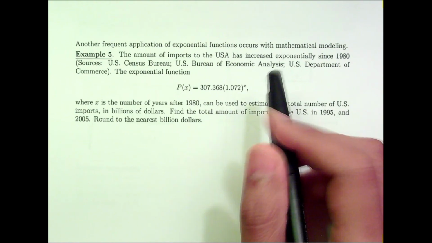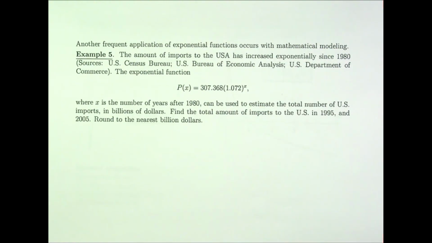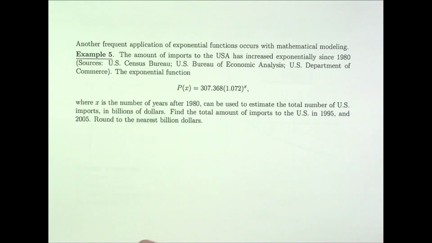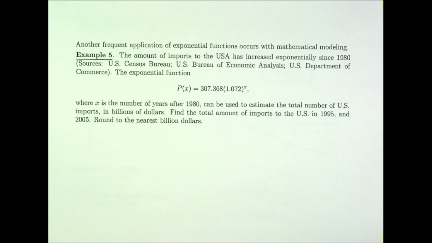This is again an estimate. Find the total amount of imports to the US in 1995 and also in 2005, and round your answer to the nearest billion dollars. So you're going to round it to a whole number.